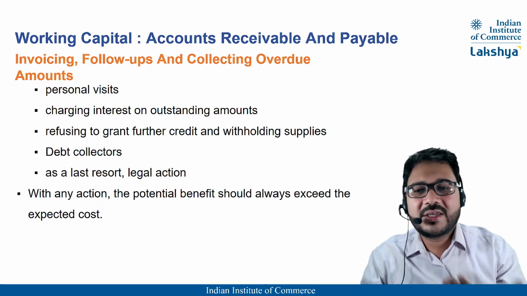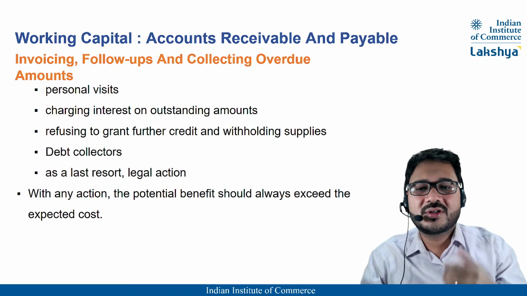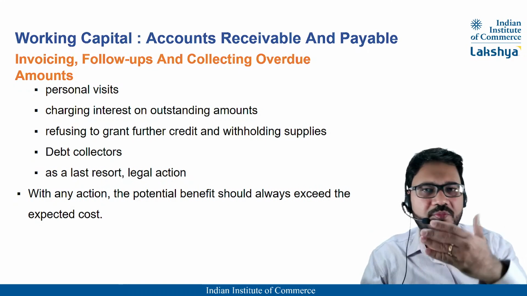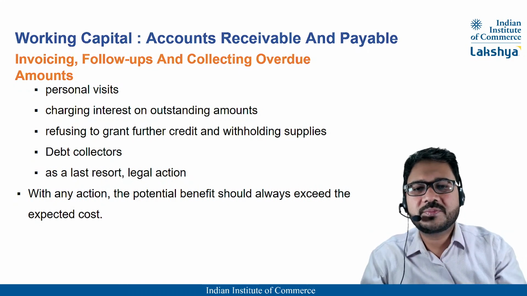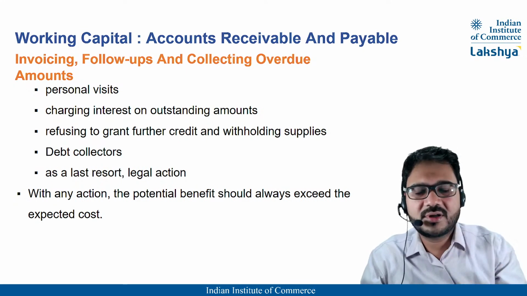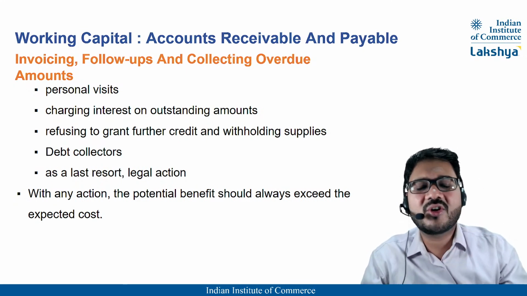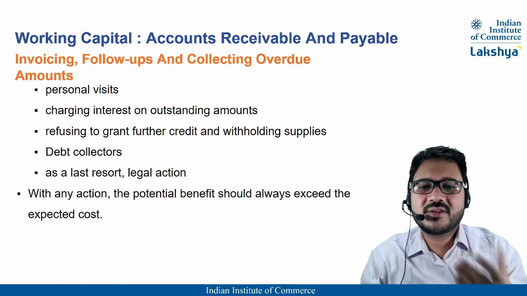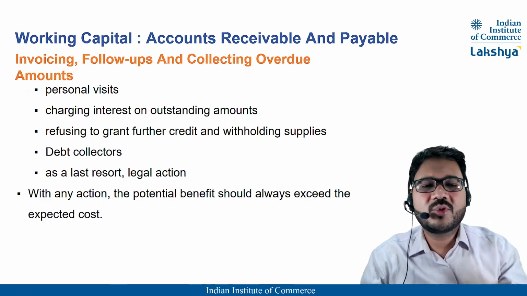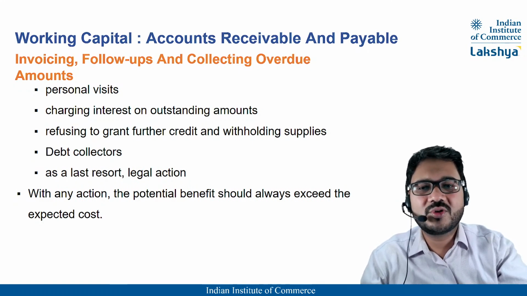So if you hire a debt collector or whatever, if you refuse to provide goods, that's a sale loss. So everything has a cost. So again, the benefit should be more than the cost. Only then would you go ahead with that.